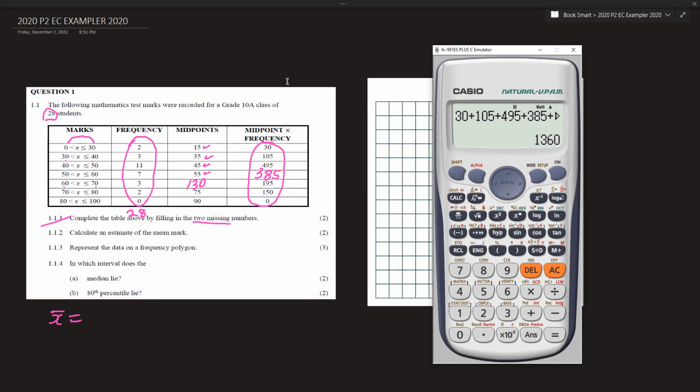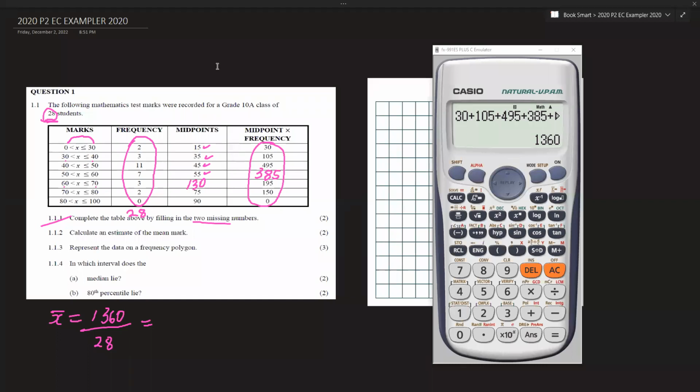And then that gives me 1360. Then the total here will be 28, right? Because they already told us there, but you can take it on a calculator to verify it. Awesome. So divided by 28 should give us our estimate mean.